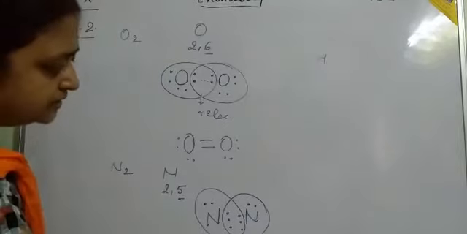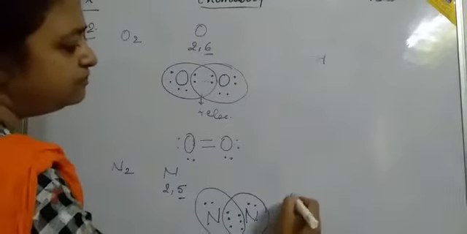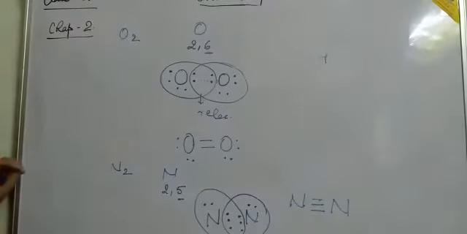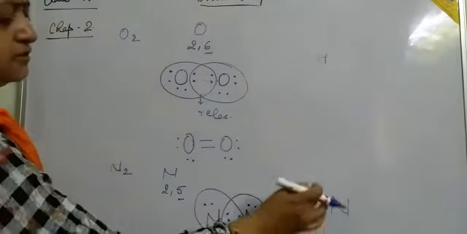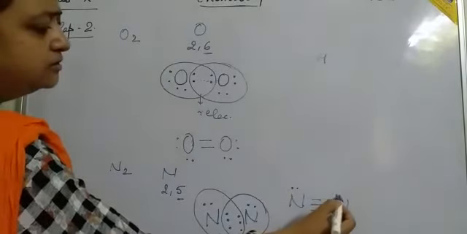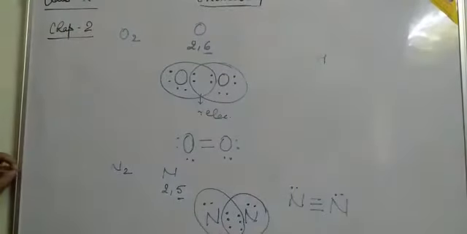There are 6 electrons, so the bond formed is nitrogen triple bond nitrogen. It is the example of a triple covalent bond, nitrogen. So these are the molecules of elements which have covalent bonds.